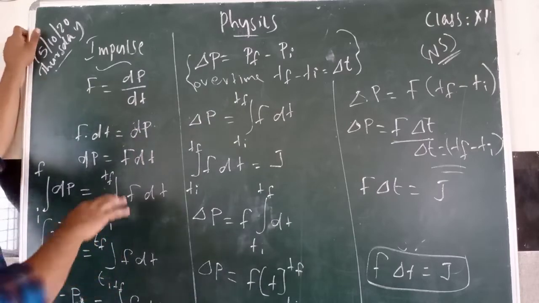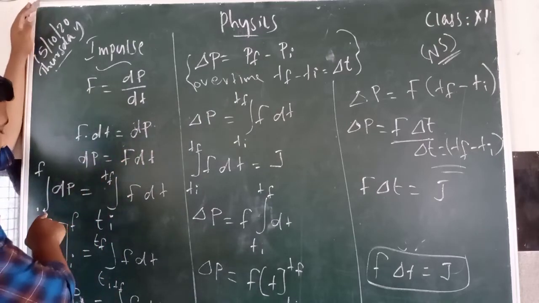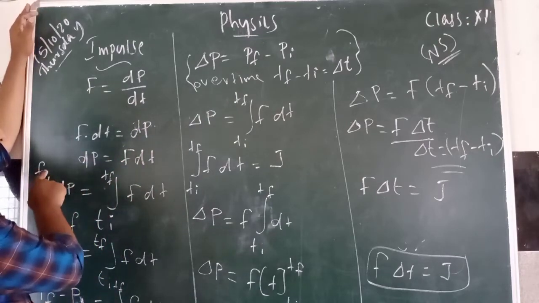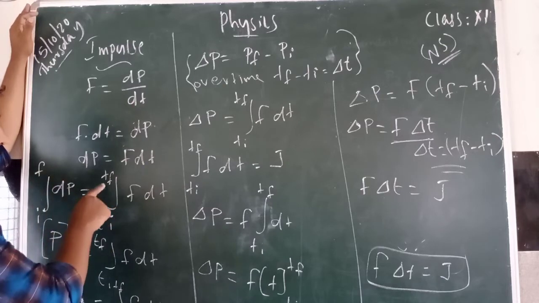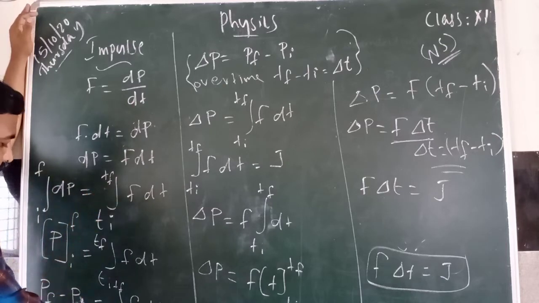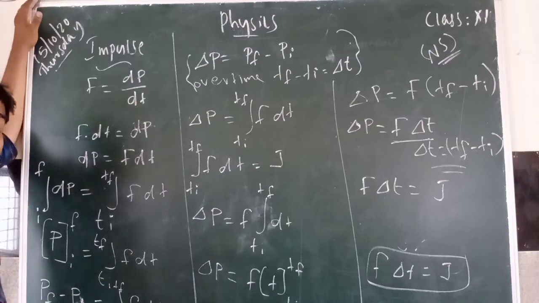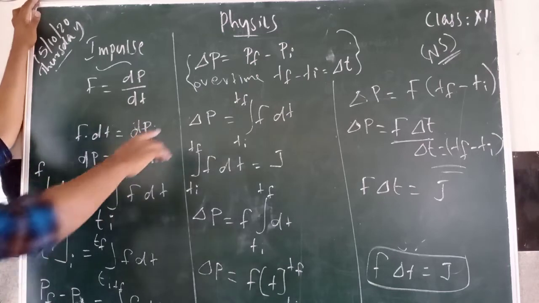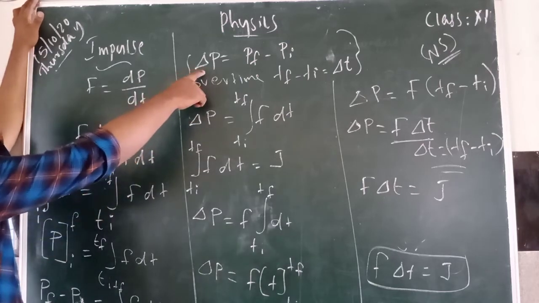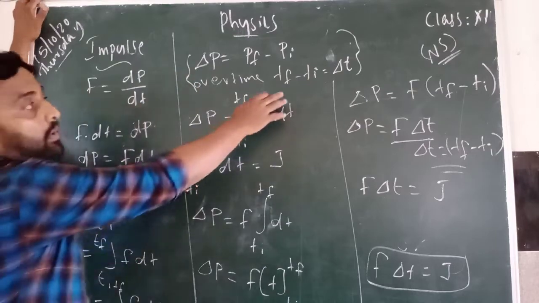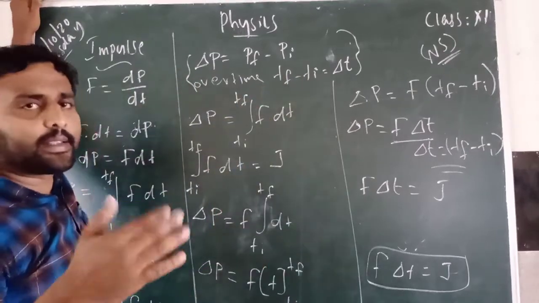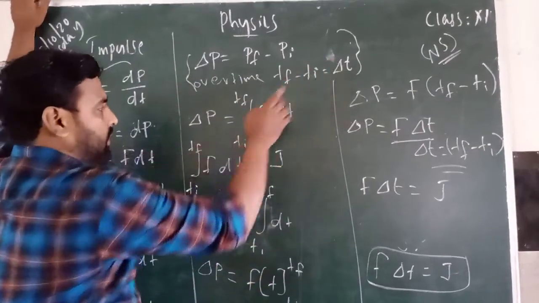Now integrate over time, from initial momentum to final momentum, initial time to final time. When we integrate, what will we get? Pf minus Pi, which is the change in momentum, delta P, over the time Tf minus Ti, so the change in time, delta T.